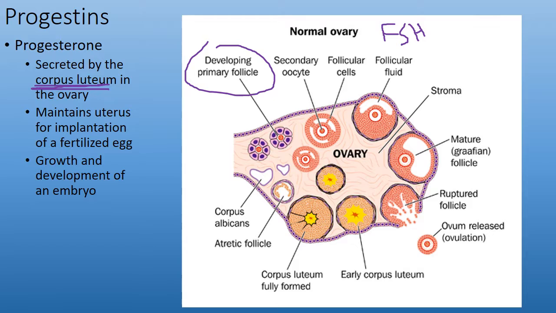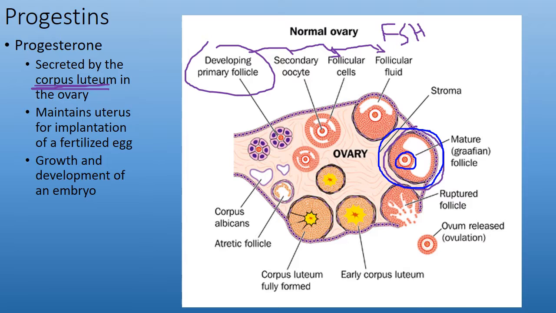You don't need to know any of these terms as the follicle becomes matured. What we see here is an actual mature follicle, and we see an egg that is ready for ovulation. FSH is responsible for the maturation of the follicle in the ovary.